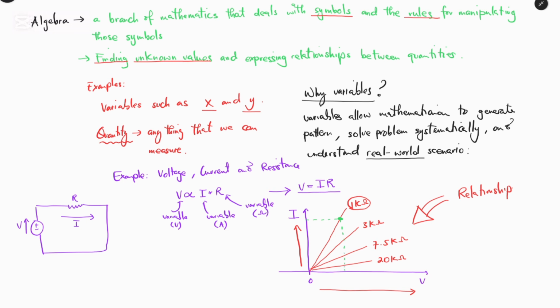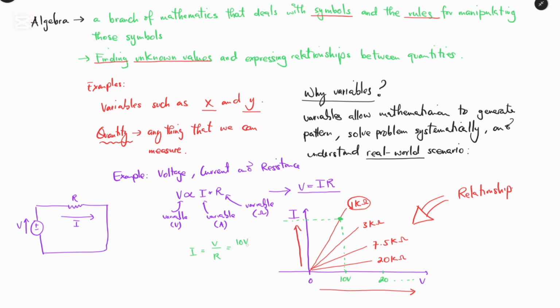And we can see that if the voltage in this region is 10 volts, and we can say we have 20 volts and so on. And when we have the 1 kilo ohm resistor, we can now determine the value of the current in this region. So the current equals the voltage divided by the resistance.